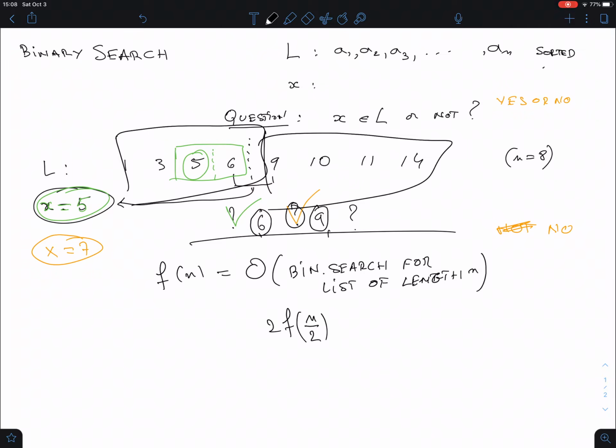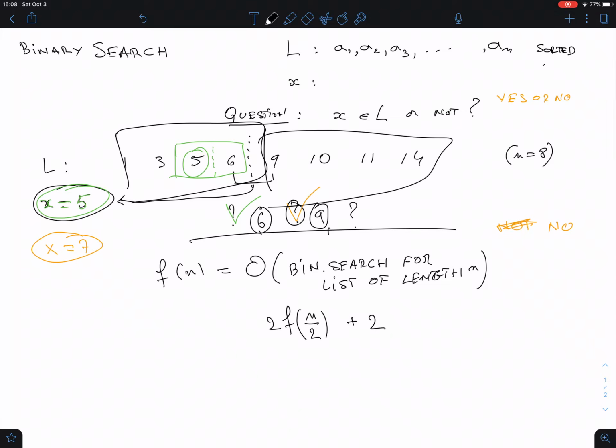Those two comparisons. We had to compare with the right endpoint of the left list and the left endpoint of the right list. So there were two extra comparisons each step, and that is +2. So this is the recurrence relation for the complexity of binary search of a list of length n.